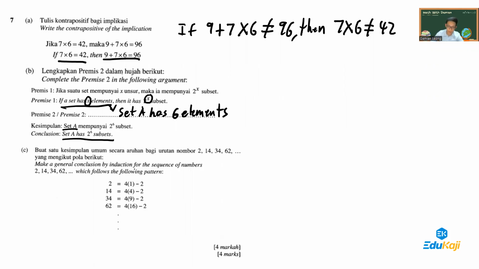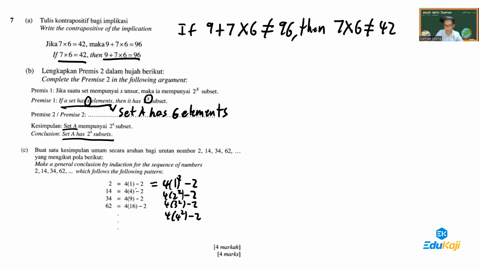It has to be this 1, 2, 3, 4, 5. So what we can do is basically 1, 4, 9, 16. You need to be able to recognize this. These are your square numbers. Okay, so it's the same as 4 times 1 square minus 2, 4 times 2 square minus 2, 4 times 3 square minus 2, and 4 times 4 square minus 2.